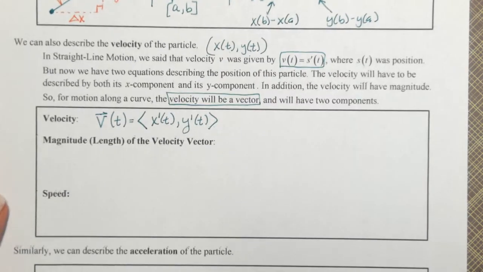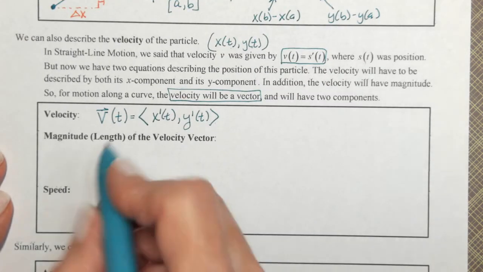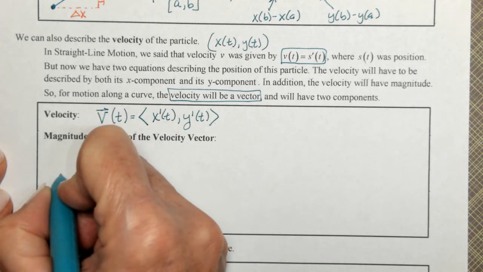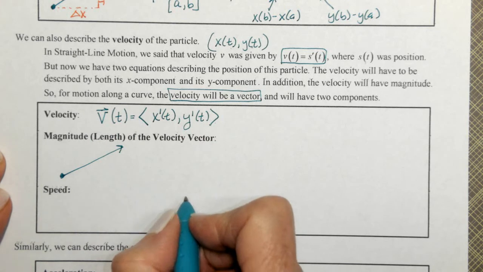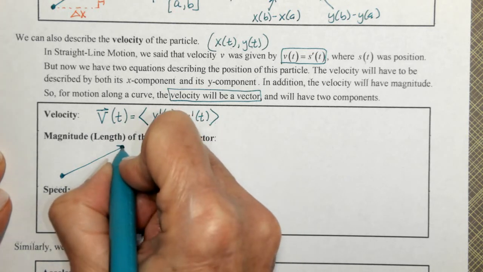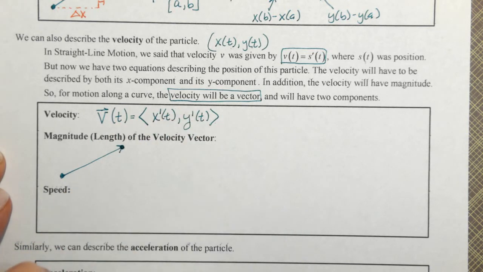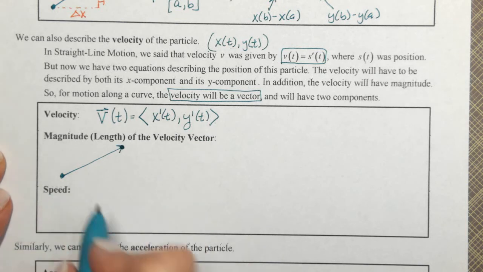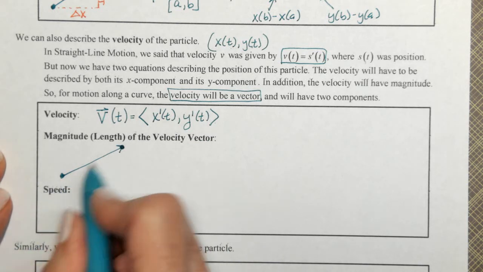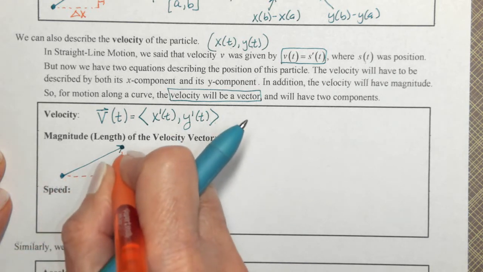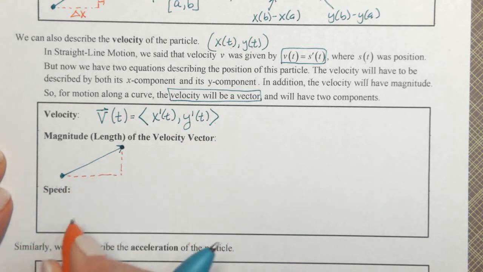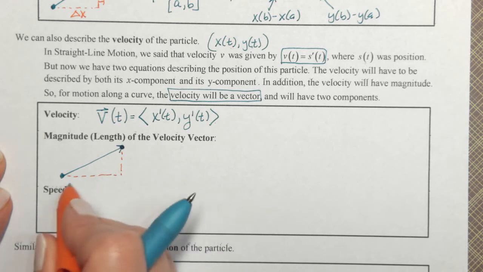Now for the magnitude or length of the velocity vector. Well, this is a vector. A vector has direction and it has length. So to find this length, we are going to draw our x and y components again. What is the x component of velocity?